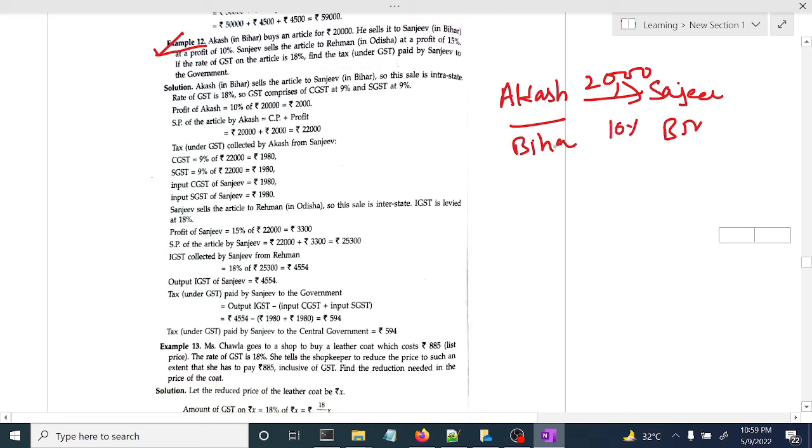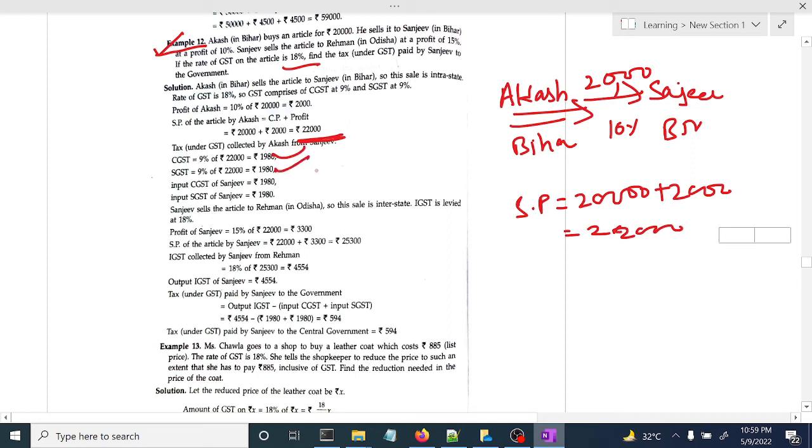So the selling price of Akash is how much? 20,000 plus 2,000, 22,000, right? On that, GST is how much? 18%, 9% is SGST, 9% CGST.